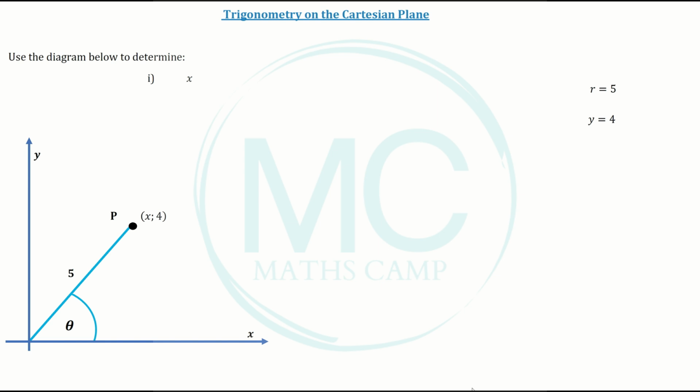Now we can use Pythagoras to solve for x. So we can say x is equal to r squared minus y squared under a square root. Now we can fill in our values. R is 5, so we say 5 squared minus the value of y, 4 squared, all under a square root.